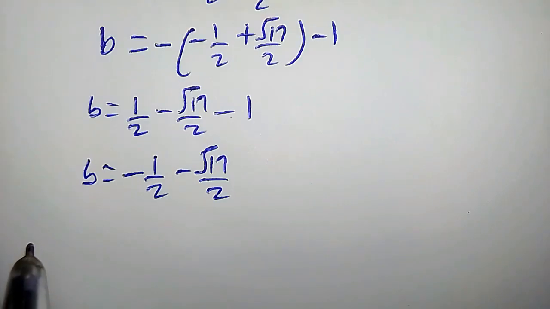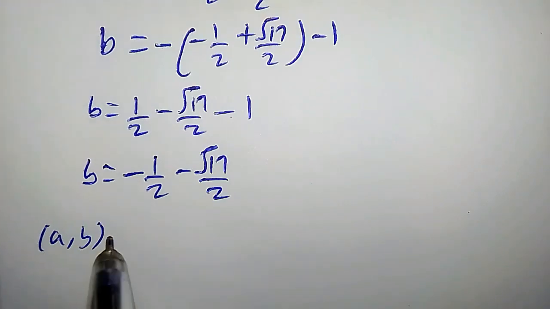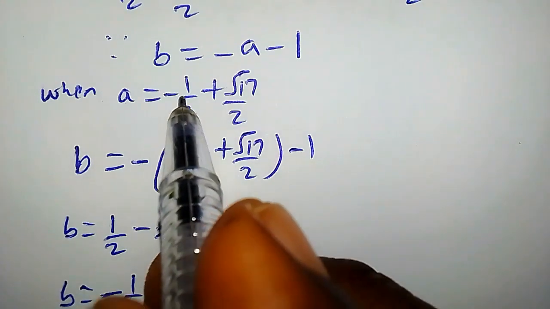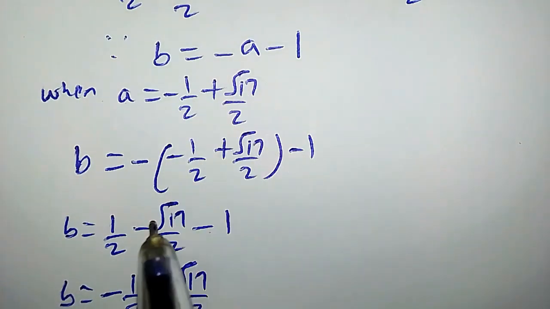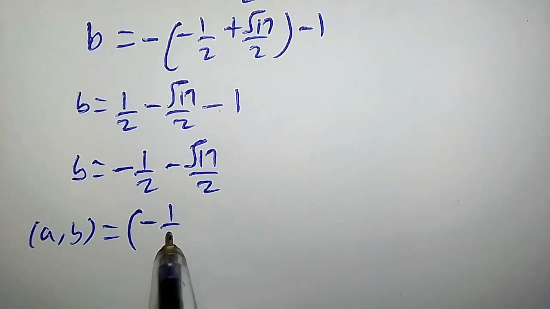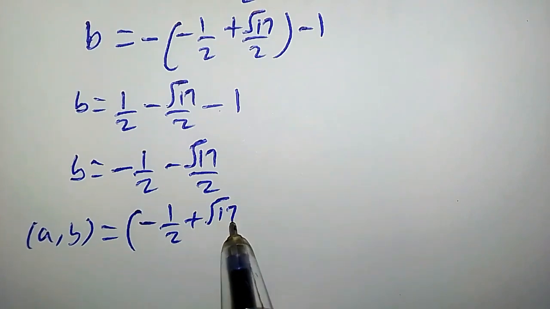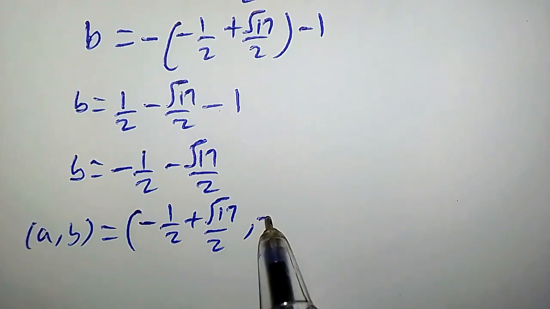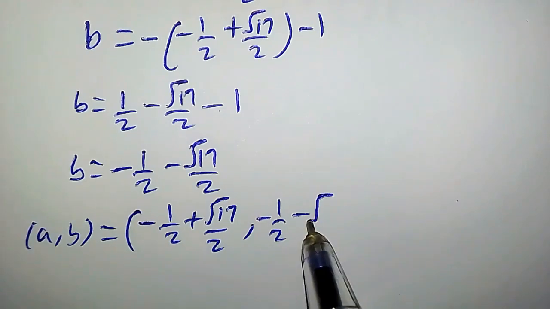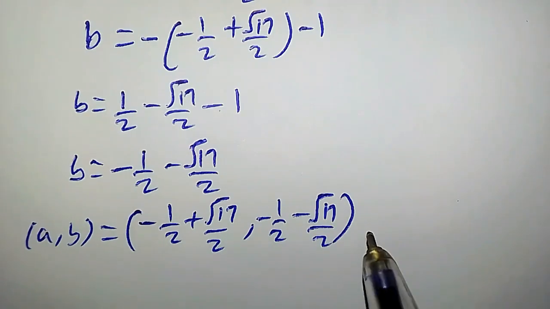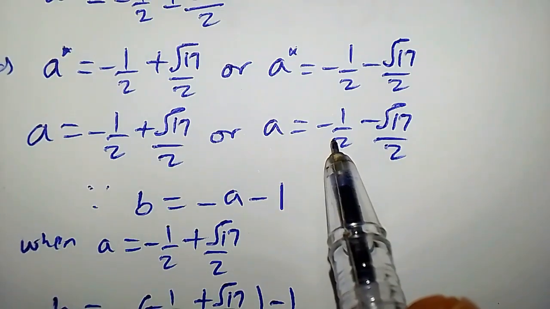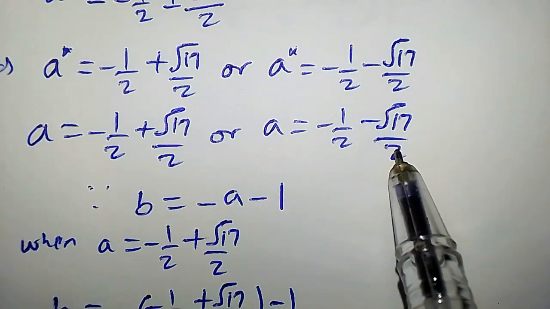This shows that (A, B) is equal to, what is A? A is minus 1 over 2 plus square root of 17 over 2, comma, and what is B? B is minus 1 over 2 minus square root of 17 over 2. This happens to be the third solution. Now, let us consider when A is equal to minus 1 over 2 minus square root of 17 over 2.